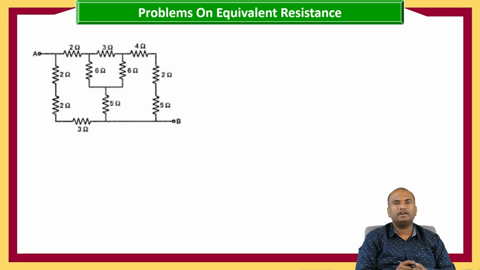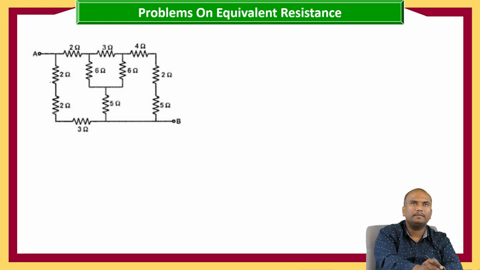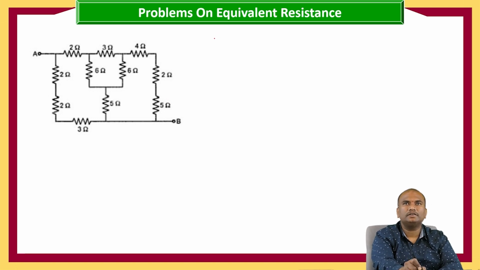Okay, so for that I am taking this 2 ohms, this 2 ohms and 3 ohms are connected in series, and in the same way this 4 ohms, 2 ohms and 5 ohms are connected in series. So first 2 ohms, 2 ohms, 3 ohms are connected in series.